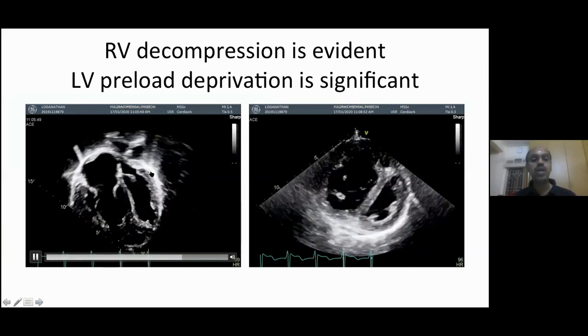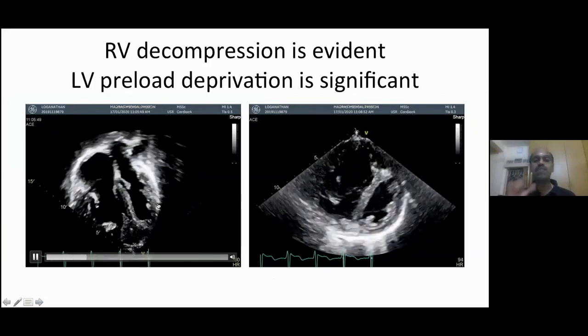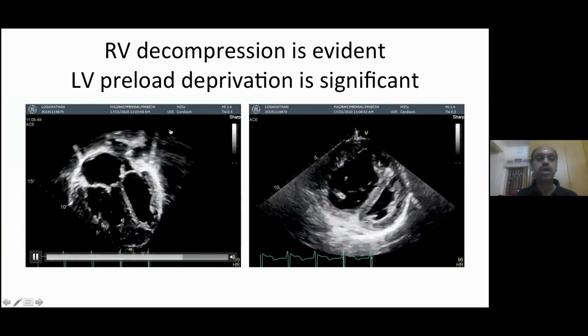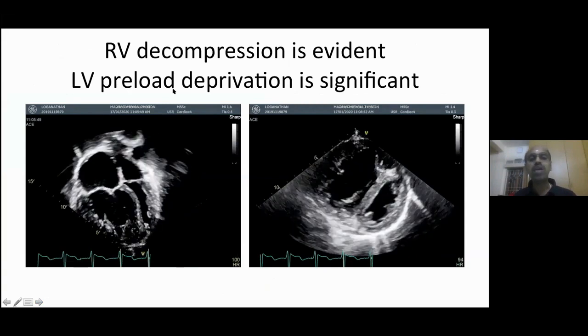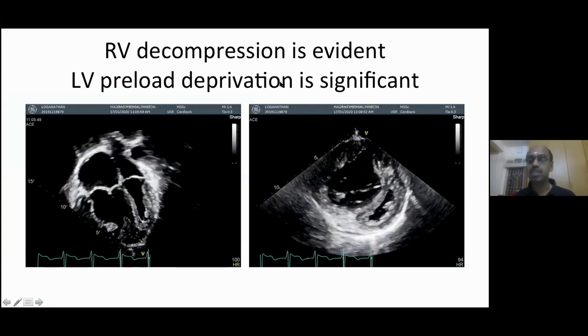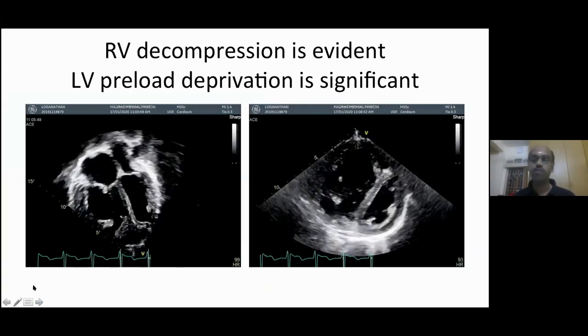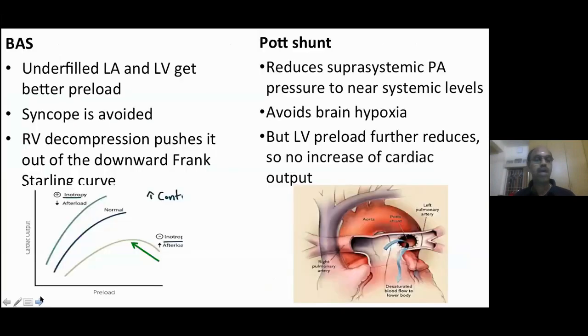However, we need to understand that the LV filling will continue to be reduced. In other words, LV preload deprivation is still continuing. So we need to understand these two very clearly.